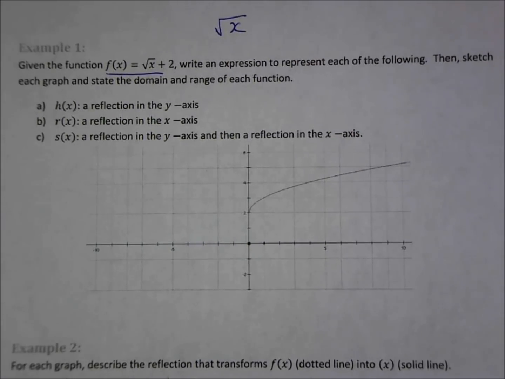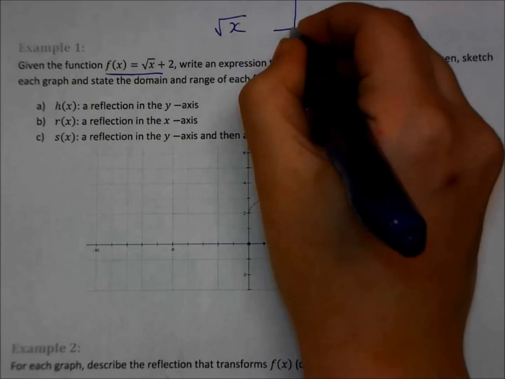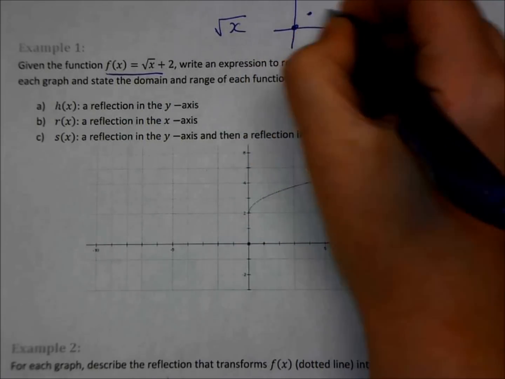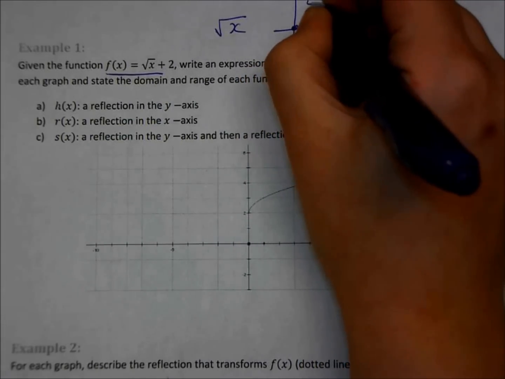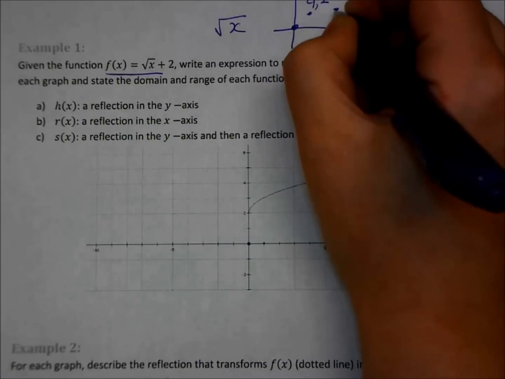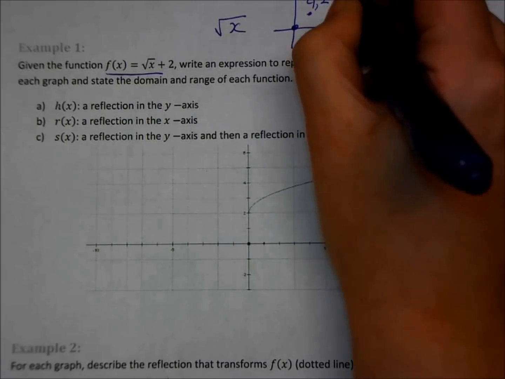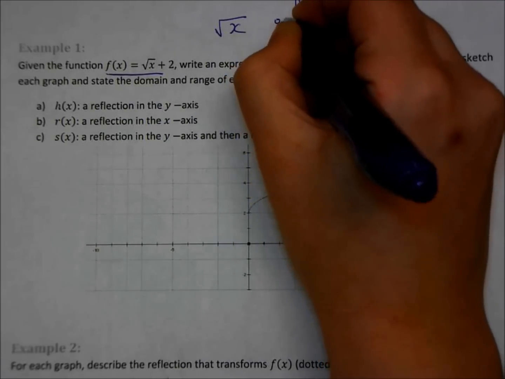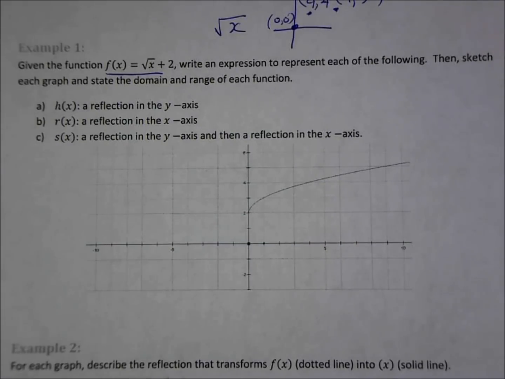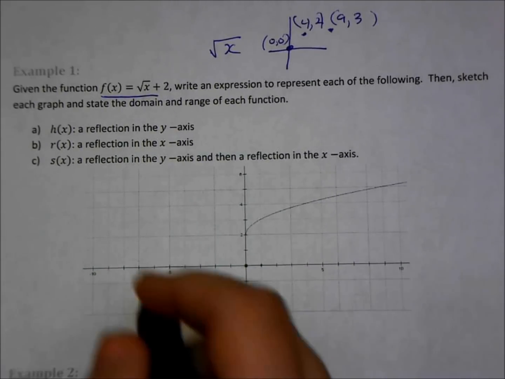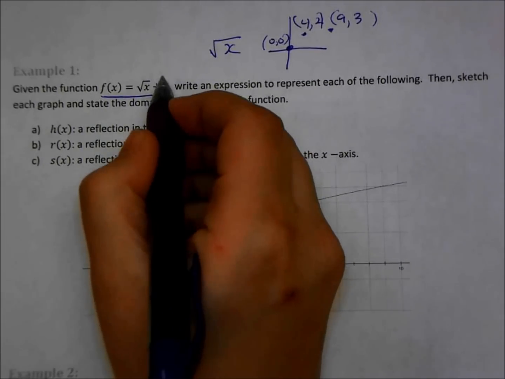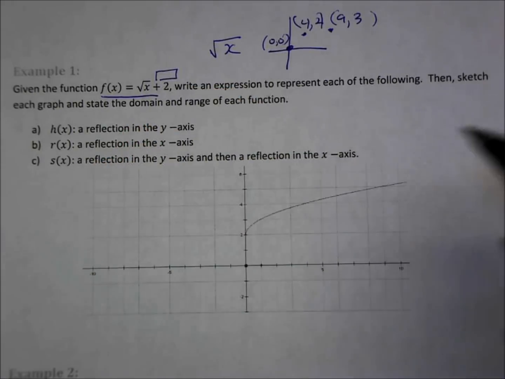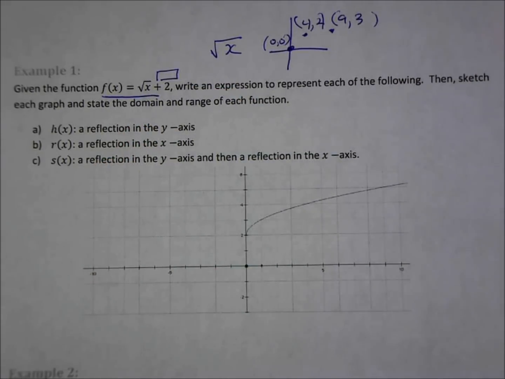Typically we draw that as starting here if it's going to be a function, and we use the points (4, 2), (9, 3), and (0, 0) as the ones that we think of. We've already got a transformation in this +2. That means everything would move up 2 spaces.